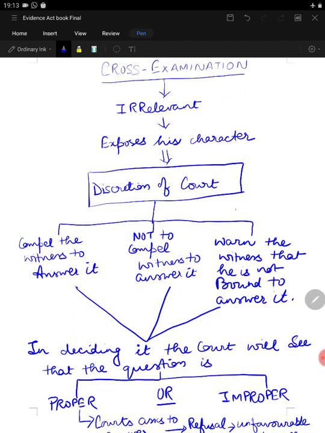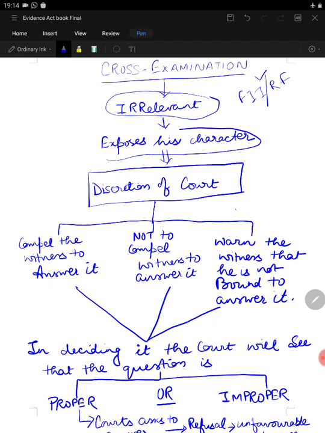So, when cross examination is going on and the question is otherwise irrelevant, not relevant to the fact in issue or relevant fact, but the question is such that it would expose the witness's character, then in that case it is up to the discretion of the court. The court is to decide, and the court has three options.